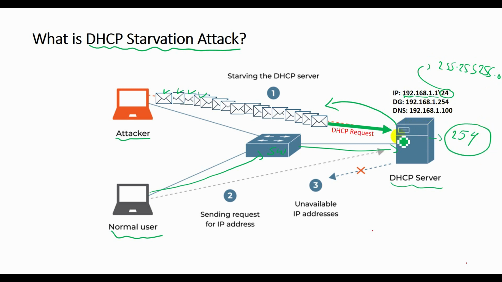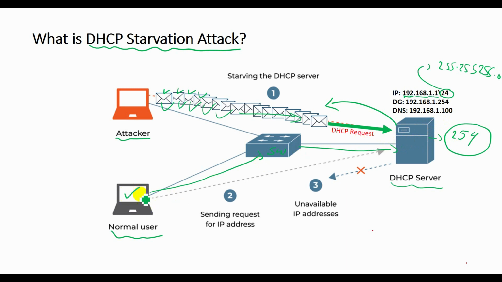However, some IP addresses may be reserved for static routing, so it could be less than 254. The attacker sends multiple DHCP discover packets, a number very large compared to 254 IP addresses. Hence, the DHCP server can no longer hand out IP addresses.